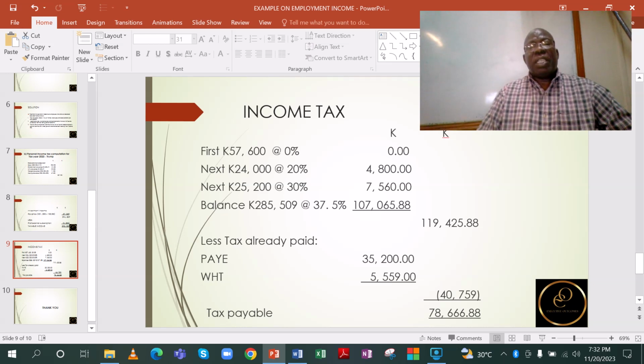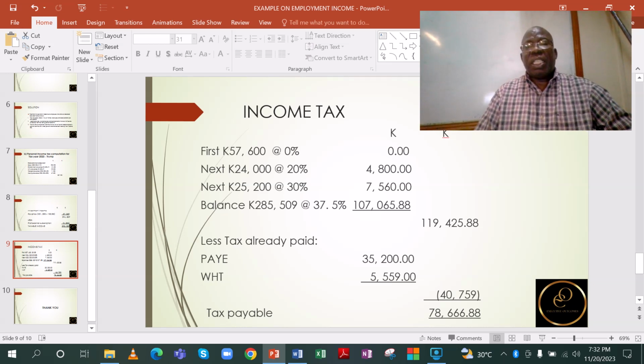Every individual in the charge year 2023 is entitled to tax-free income of 57,600, meaning that the first 57,600 is taxed at 0%, so you accrue 0 kwacha in tax. The next 24,000 is at 20%, you accrue 4,800. The next 25,200 is at 30%, you pay 7,560.